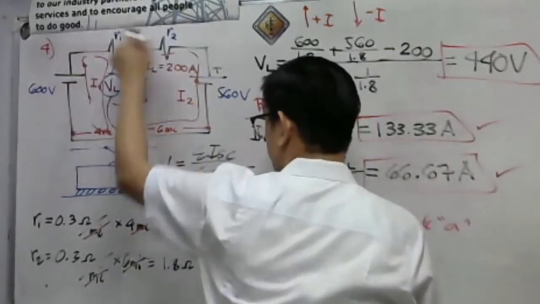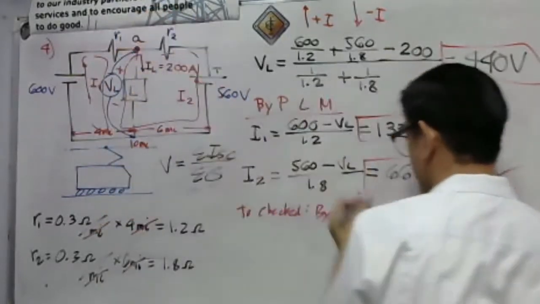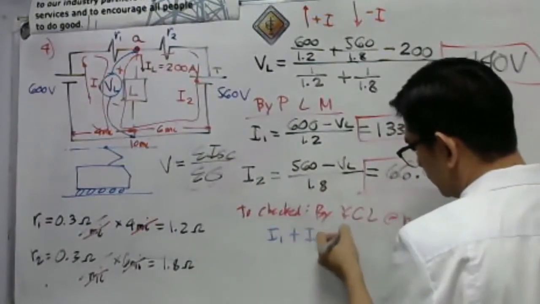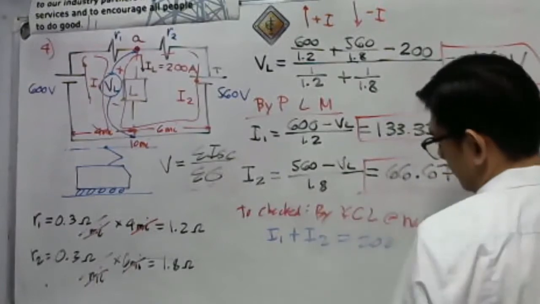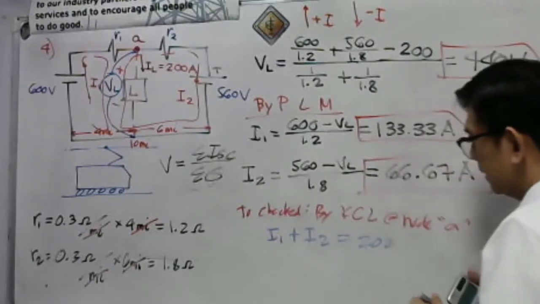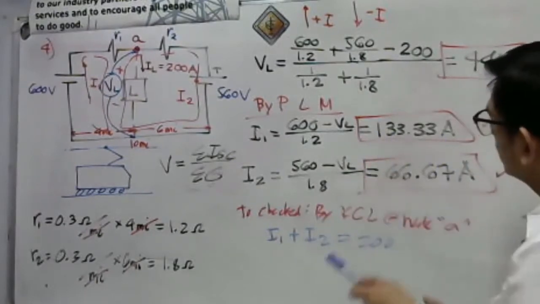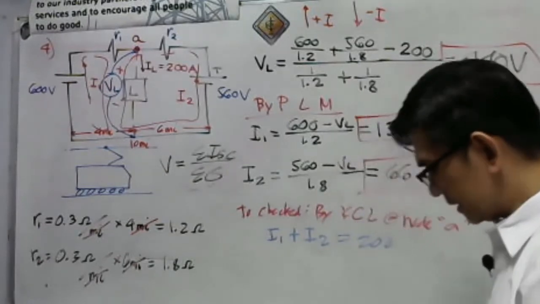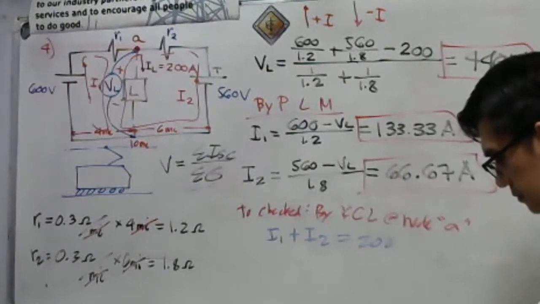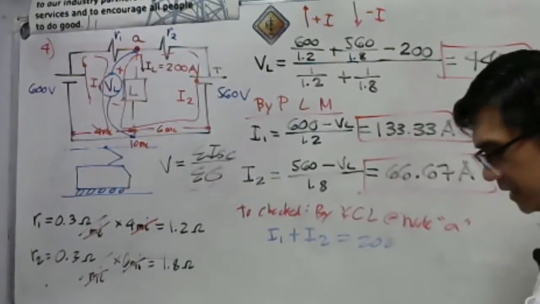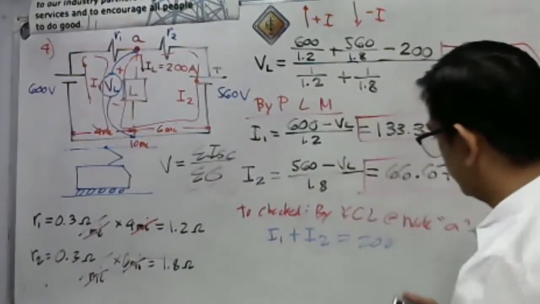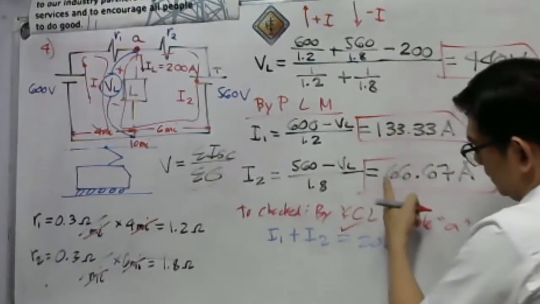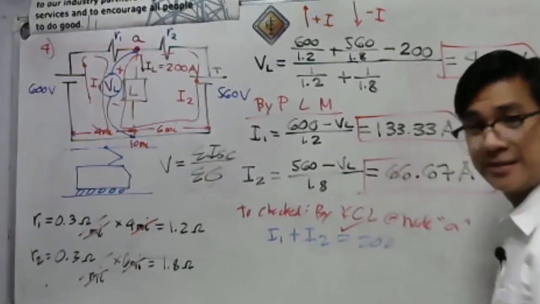This is I sub 1, this is I sub 2. That's equal to IL. I1 plus I2 is equal to 200. Are they equal? Let's see. I'll not write it anymore. 133.33 plus 66.67, so you just have to add. The answer is yes, that's correct. The answer is 200 if you add these two.